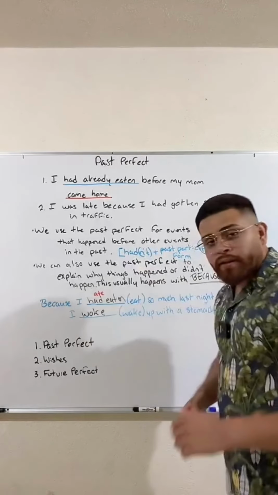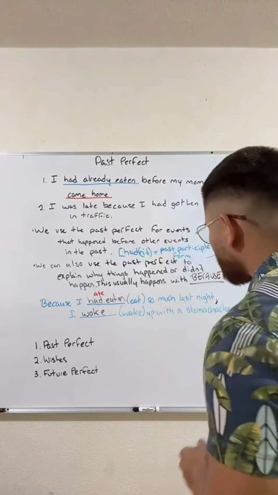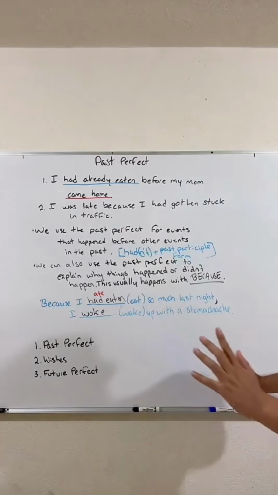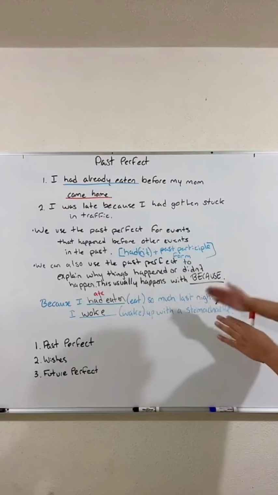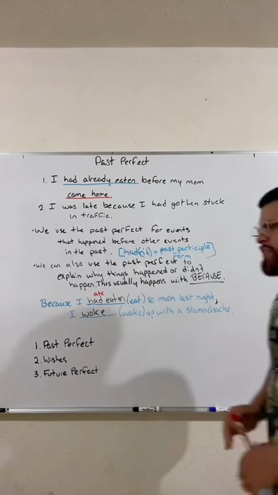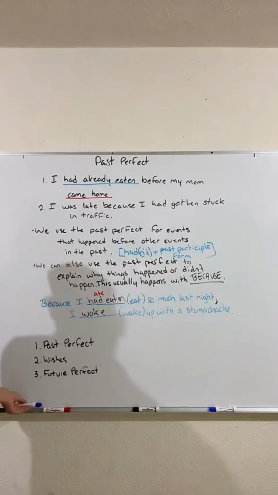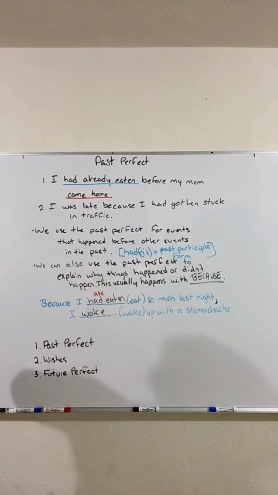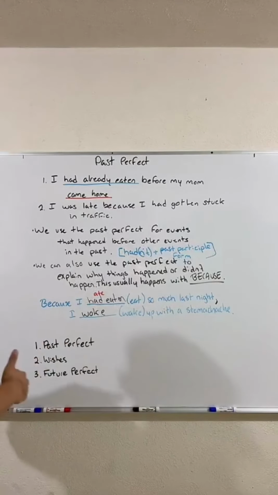Okay? Let's see. Somebody said, this is the consequence. Well, okay. Yes, maybe in this case, because you ate so much, your consequence is the stomach ache. Definitely. Consequence, reason? Sure. But I would say that we use the past perfect mostly for reasons.